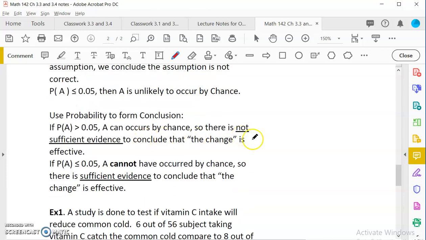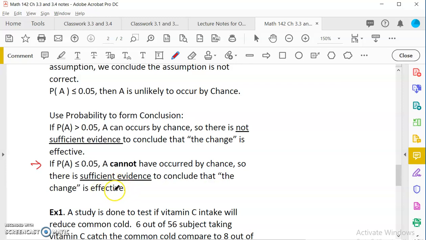The two conclusions you can reach: if you're observing something that is unlikely to occur by chance, then you say there is sufficient evidence to conclude that the change is effective. These things could not just happen by chance. Something must have changed to cause this to happen.